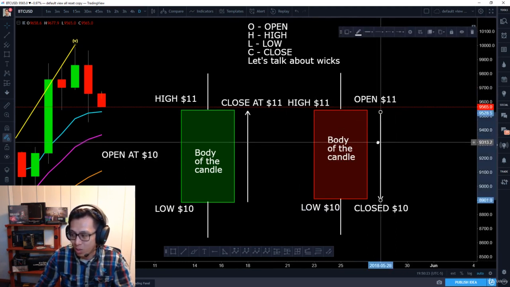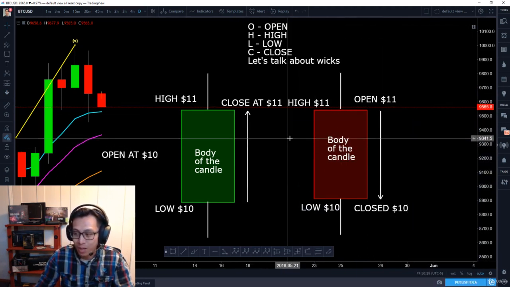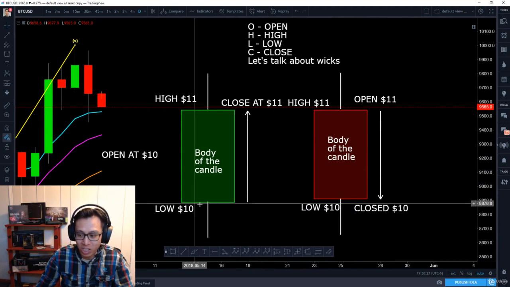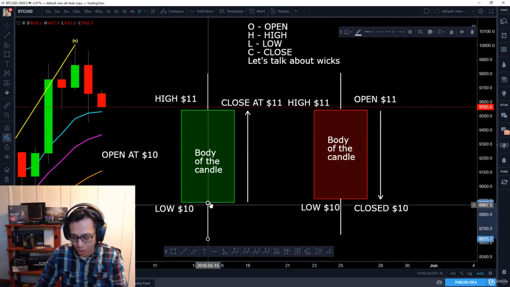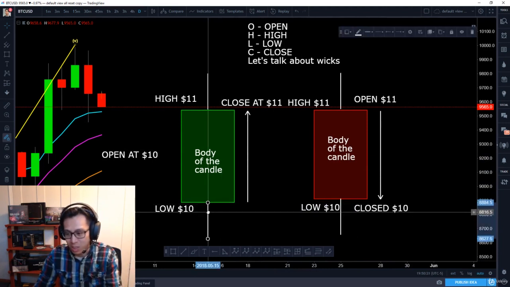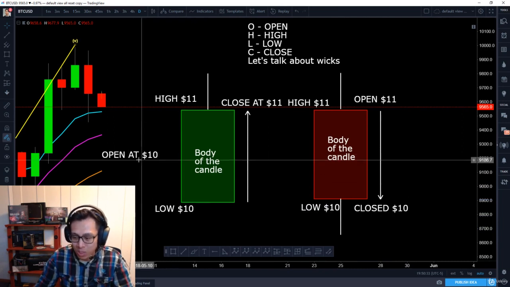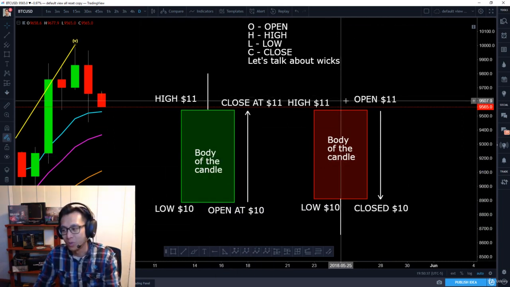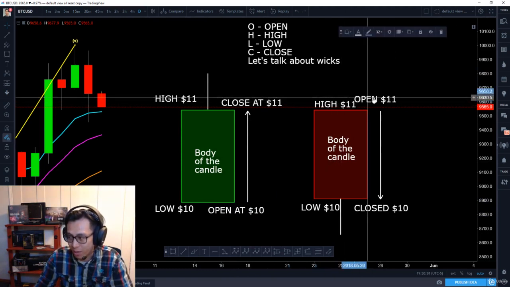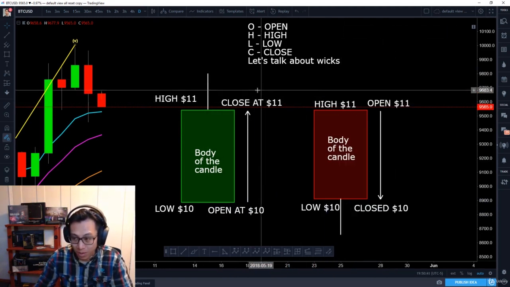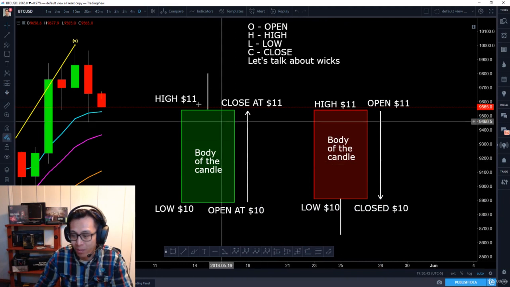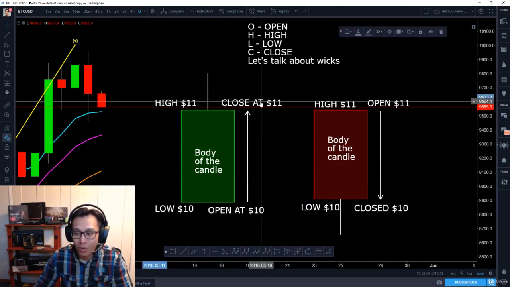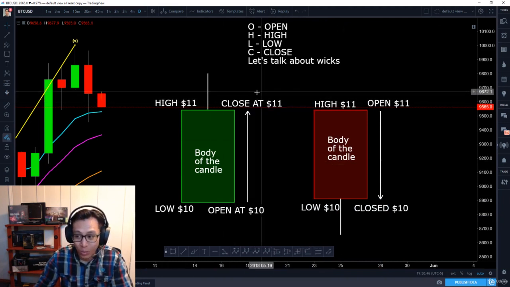So now we're still going from down to up, but the only thing that changed was that there was a wick, okay? Let's just say, for example, that it's still open at $10. Let's just say there's no wick at the bottom for now, just as an example. There's only a wick up here at the top. Well, where do you guys think the high is now that we have a wick?